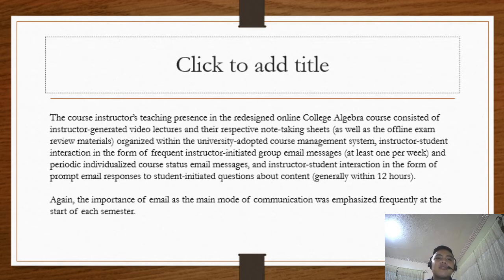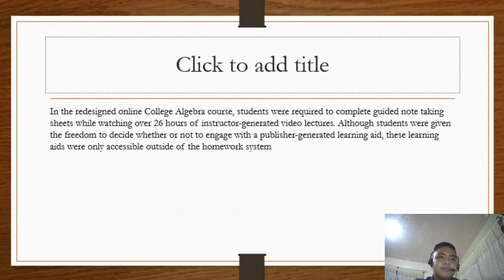Again, the importance of email as the main mode of communication was emphasized frequently at the start of each semester.